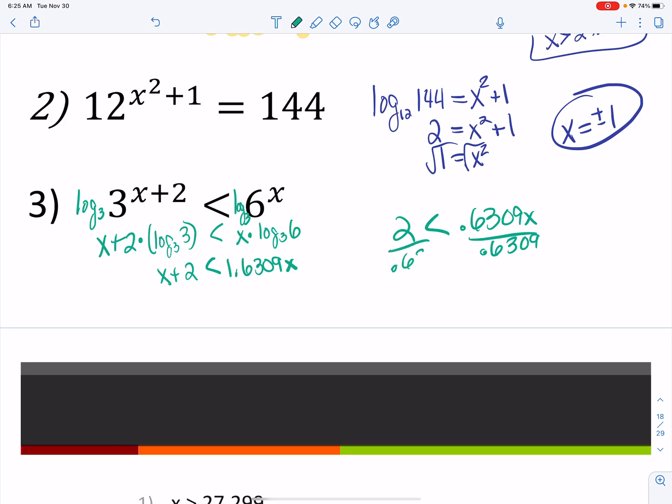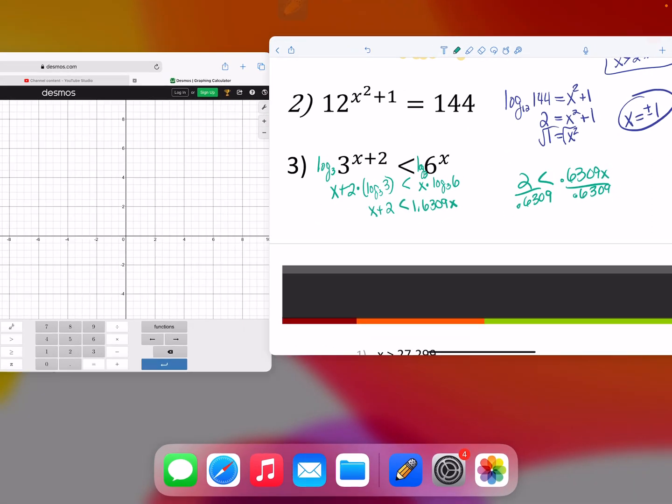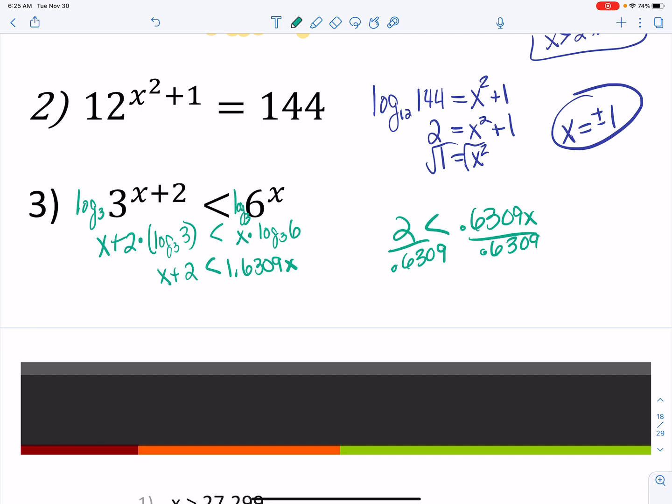I am sorry, see, it's easy to make mistakes. 2 divided by 0.6309, I'm gonna use my calculator on my phone, is 3.17. Good morning to me.